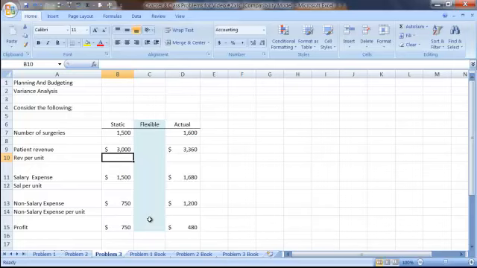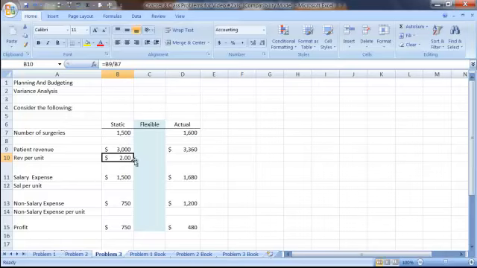So revenue per unit. We know we have this much revenue, 3,000. We know we have 1,500 surgeries. So we'll divide the 3,000 by the 1,500 and get 2. So that's what we're getting per surgery. And these numbers are in thousands, let's just say, at least the revenue numbers are.